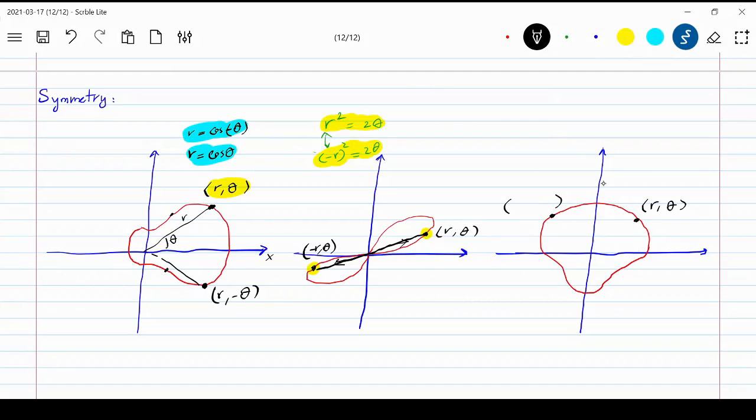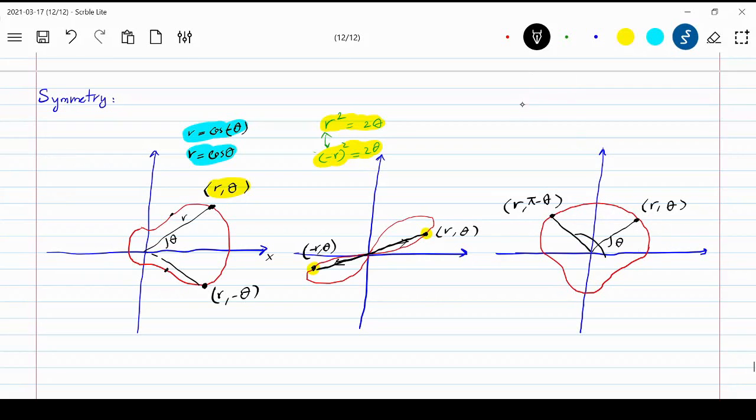And in some cases, you can look at symmetry about the 90-degree angle, or pi half, the vertical line. Here, assuming this is the radius, you still have the same radius, but instead of theta, the angle here would be pi minus theta. So these two points correspond to each other.